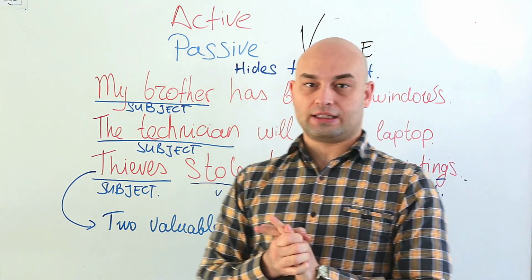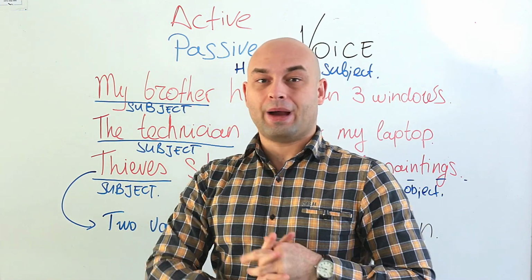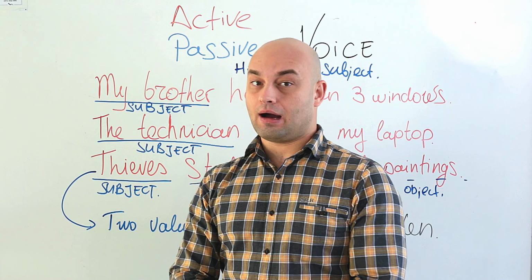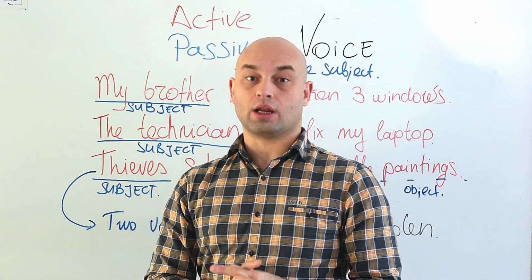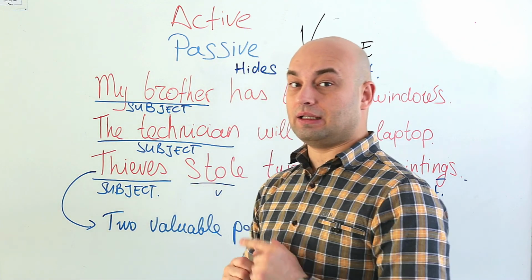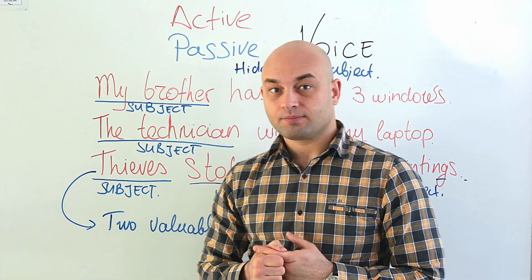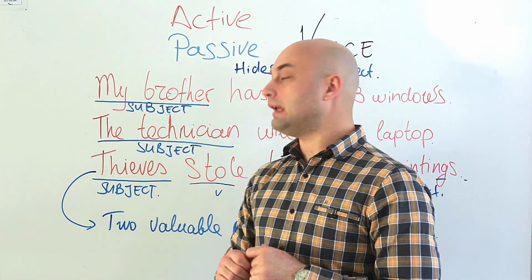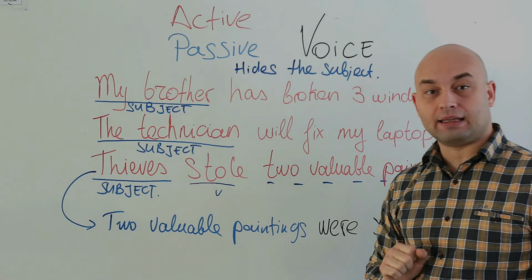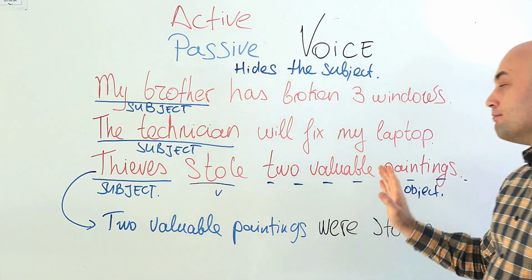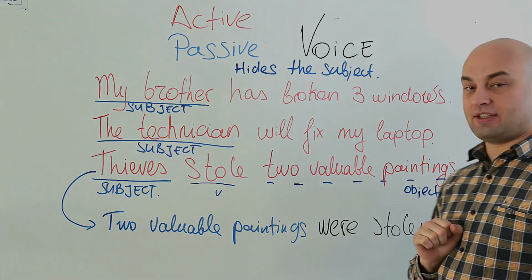That's the whole objective. When I use passive voice, I hide. I use it to hide the subject of the action and try to trick the listener or the reader into not thinking about the subject. So what we did here, let's have a moment and analyze this sentence.